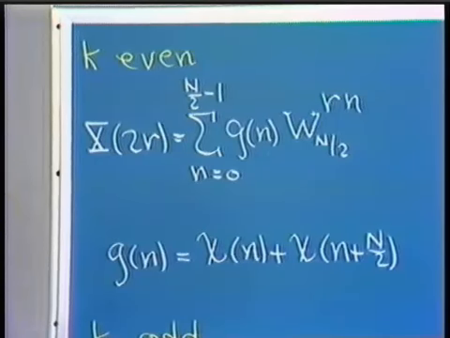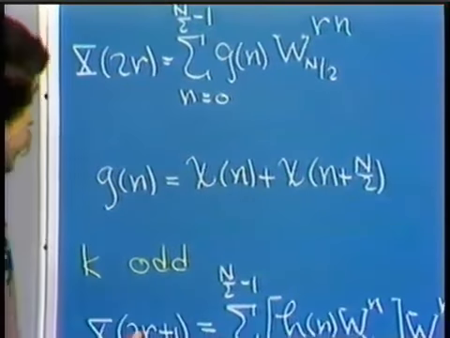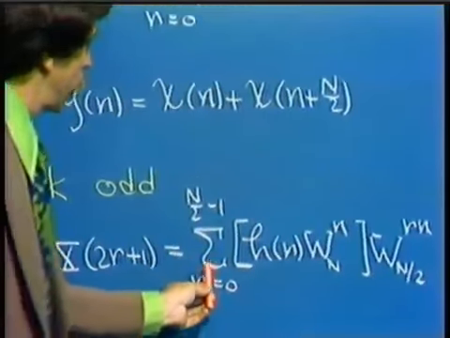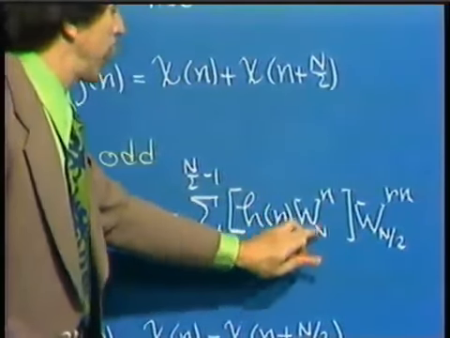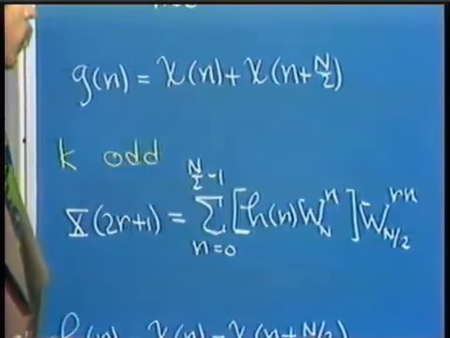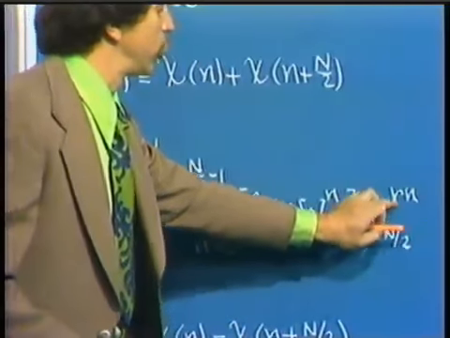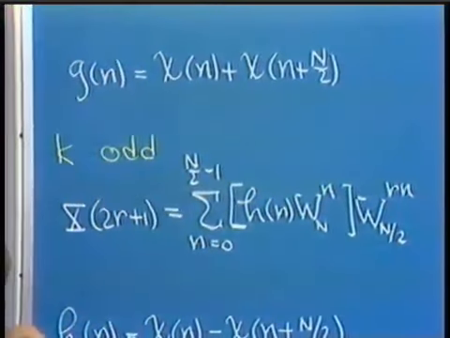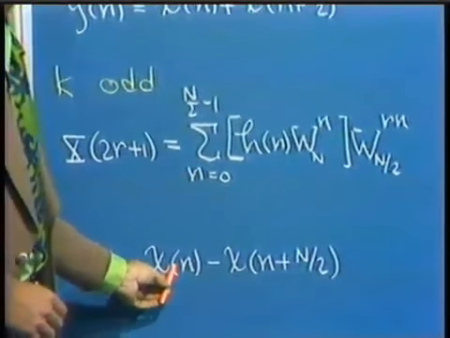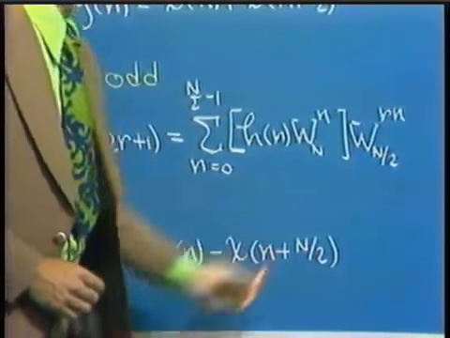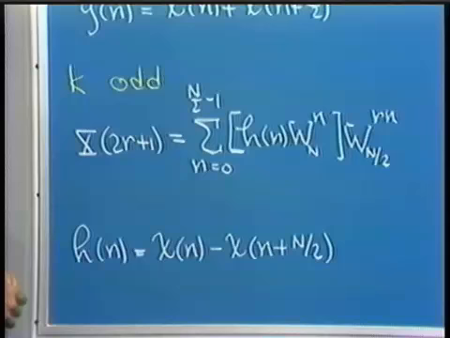To compute the odd-numbered points, we have a similar expression. We have the sum of h of n times W sub capital N to the n, and that times W sub N over 2 to the rn, where h of n is the difference between the first half of the data points and the last half of the data points.